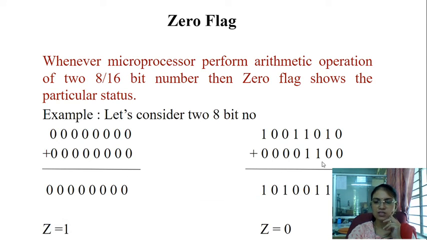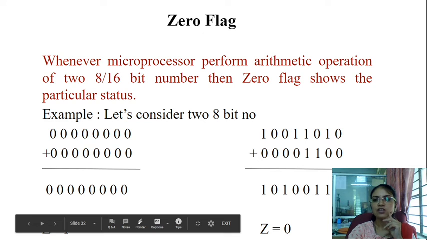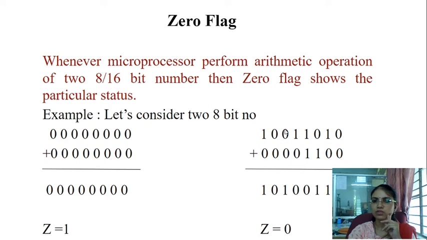This is another example. In that example, we are adding two 8-bit numbers, and our result is non-zero. So when you get a non-zero result, in such case the Z flag will show the status Z equal to 0. Somewhat opposite, थोड़ा opposite है.